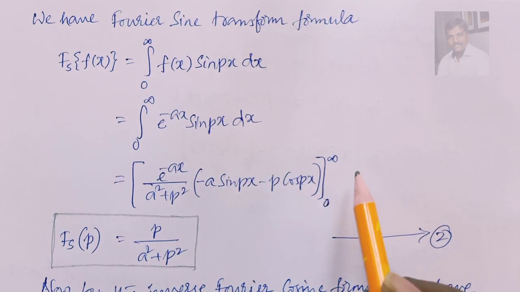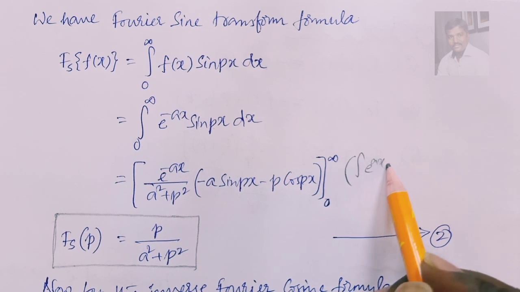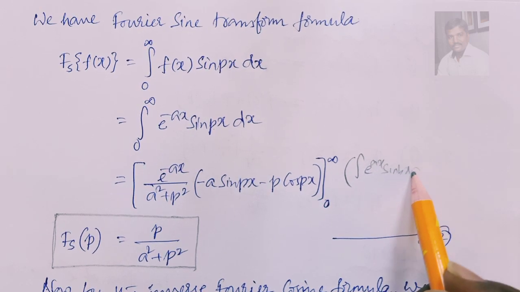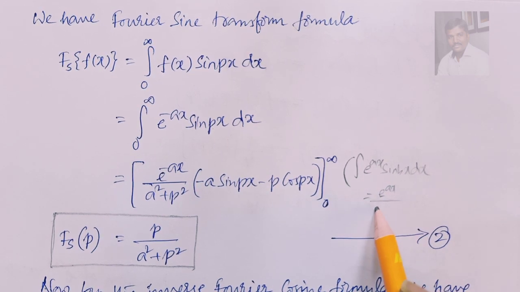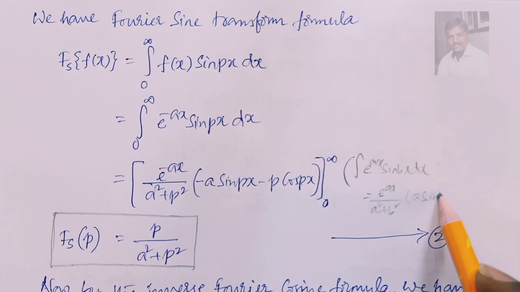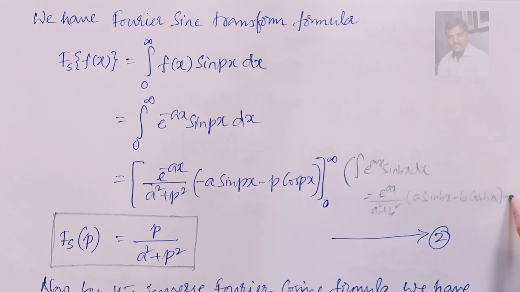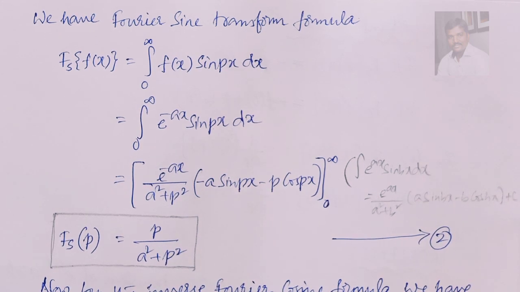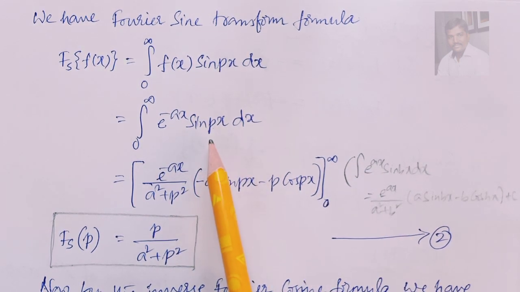Here we apply the formula: the integral of e^(ax) sin bx dx is equal to e^(ax) by (a² + b²) times (a sin bx minus b cos bx) plus c. Comparing, here a is equal to minus a and b is equal to p.